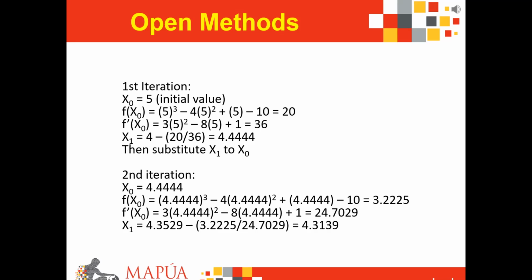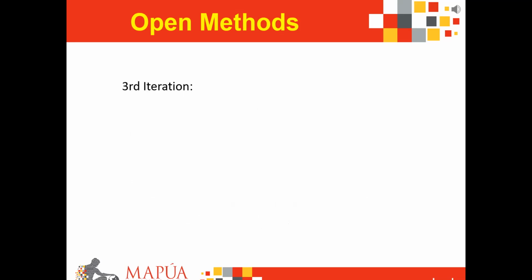At this point, the absolute error now would be computed to be like this with a value of 0.1305. Thus showing us that we need to repeat the process, substituting your calculated x1 to your previous value x0 again. Thus, on your third iteration, your x0 now is 4.3139.